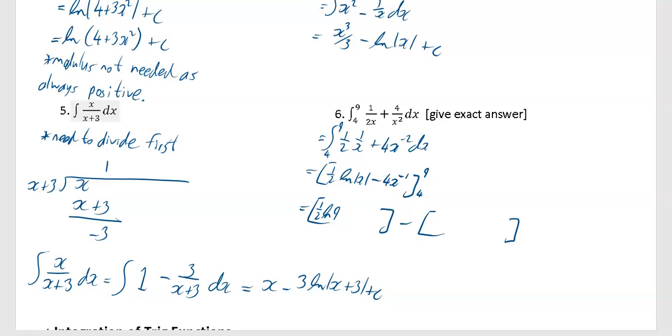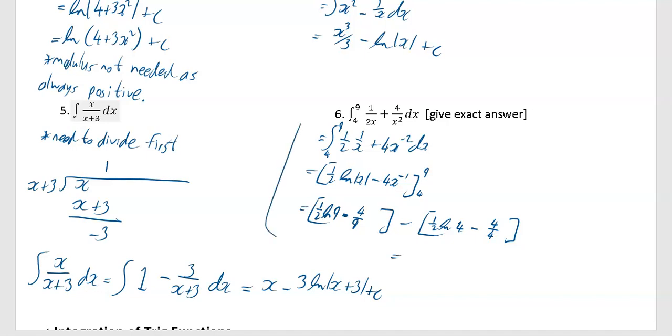And then it's minus 4 times 9 to the power of minus 1, which is going to be minus 4 over 9. And over here, it's going to be a half ln of 4, and then minus 4 over 4. Okay, that's an absolute mess, so we'll tidy it up.